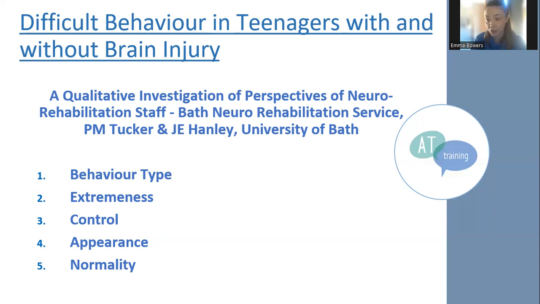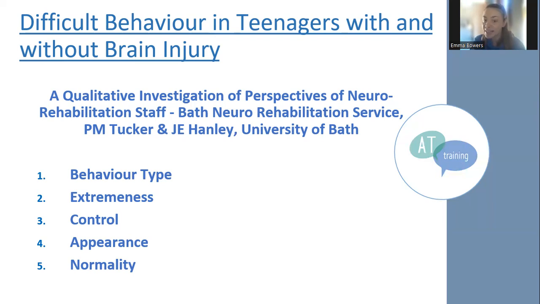There's also attribution biases dependent on appearance following a brain injury. So it's unfortunate, but that is something that I have also experienced with my clients. Biases and judgments based on how somebody looks, and that they can often mask their difficulties as well.